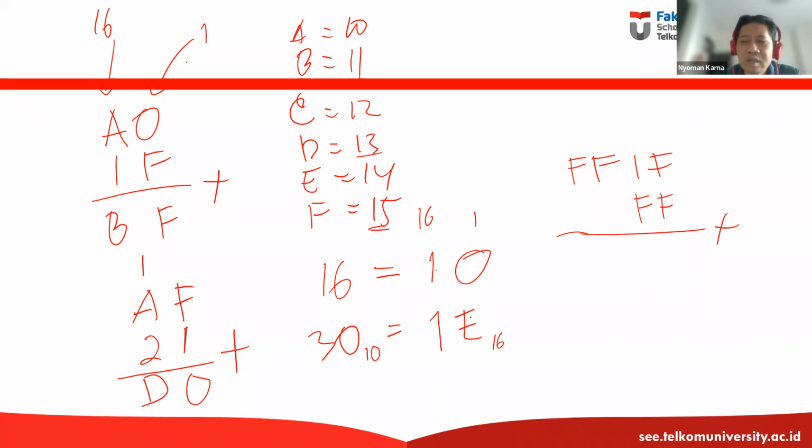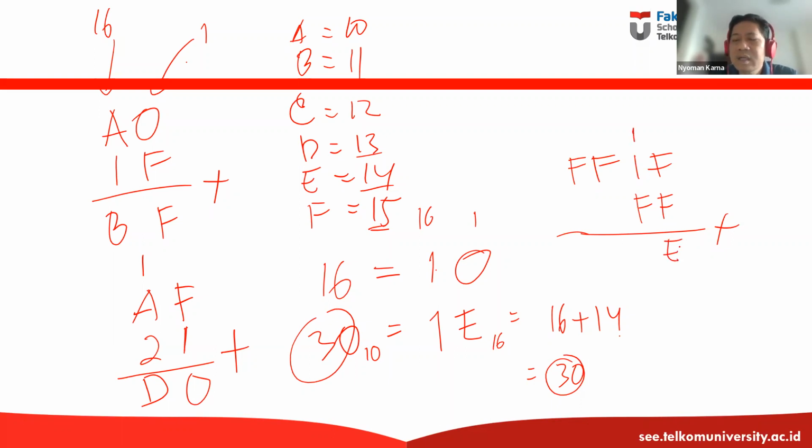Because this one has the weight of 1 and this one has the weight of 16. So it's like 16 plus E, which is 14, which is 30. Okay, so 30 in decimal is 1E in hexadecimal. Now 1E will be written in the addition by using 1 in here, and then this one is E. Now 1 plus 1 plus F. F is 15. 15 plus 1 is 16. 16 plus 1 is 17.